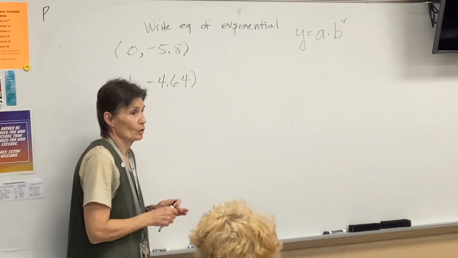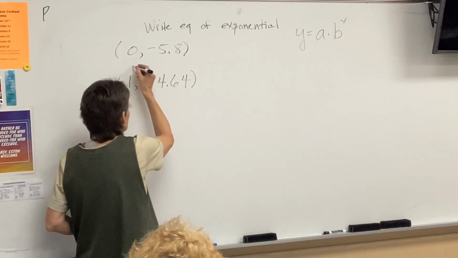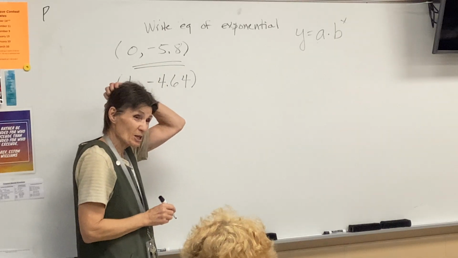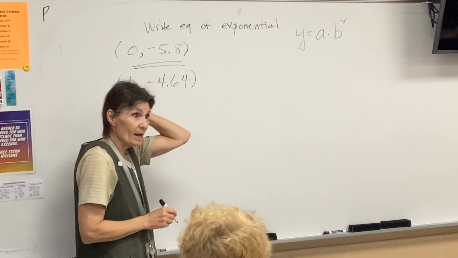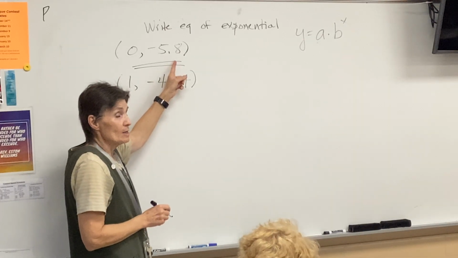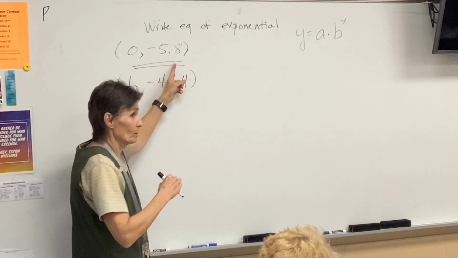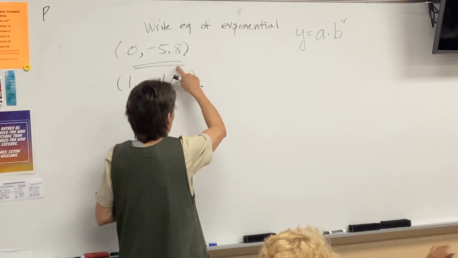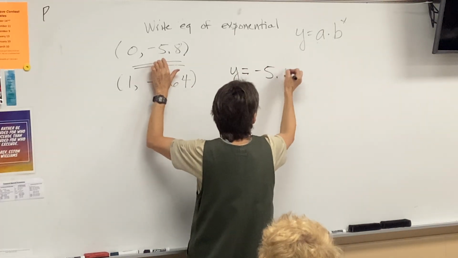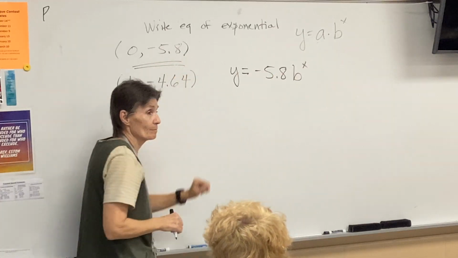Start with the one with the 0 in it. Does anybody remember the observation we made yesterday? A always equals the Y of that point. So you can do the work, but you don't have to. Every single time, your A is going to turn out to be that Y number.